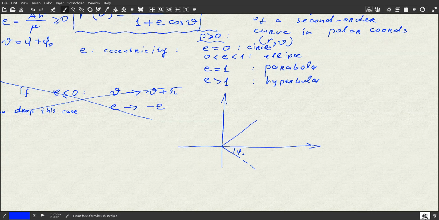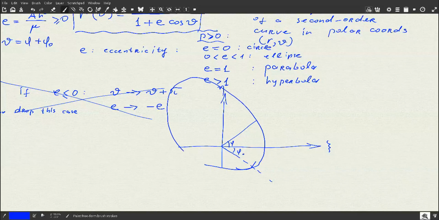V is phi plus phi 0. So for example, psi, eta, this is phi, and therefore if it is an ellipse, then it would be an ellipse like this with the major axis rotated, in this case clockwise, at the angle of phi 0.